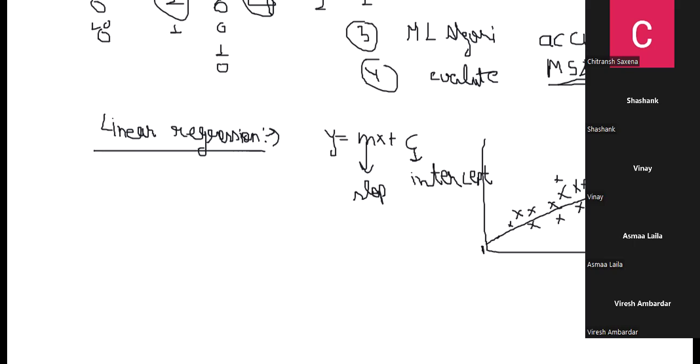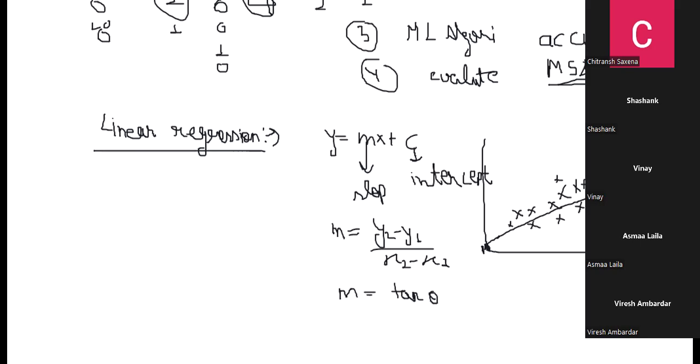There are many formulas. One formula is m equals y2 minus y1 divided by x2 minus x1. Another is m equals tan theta. With the help of these you can find the slope.